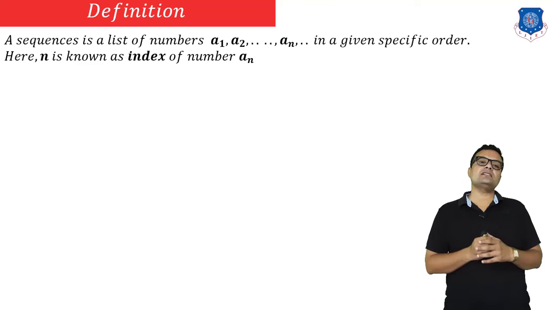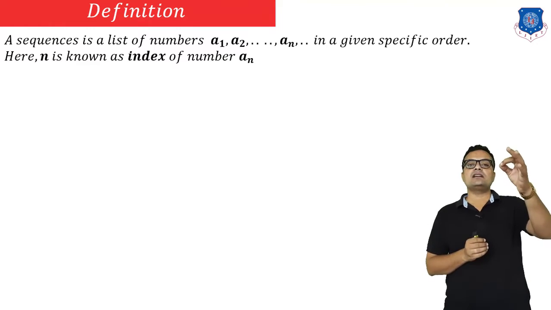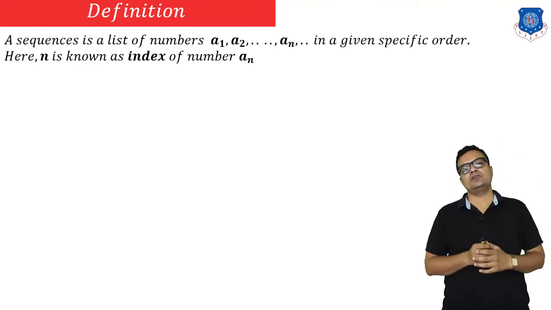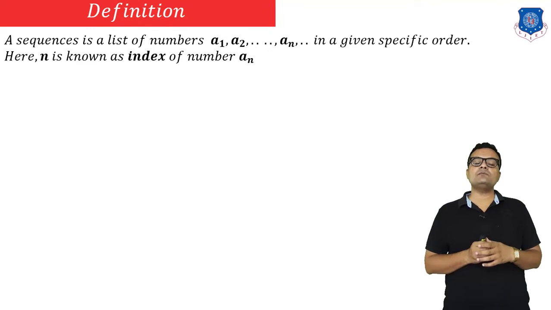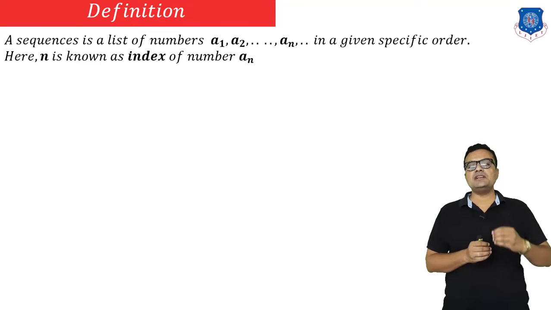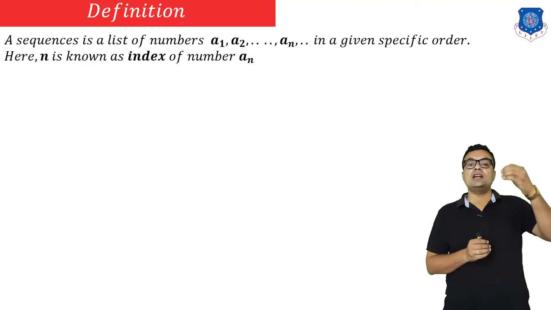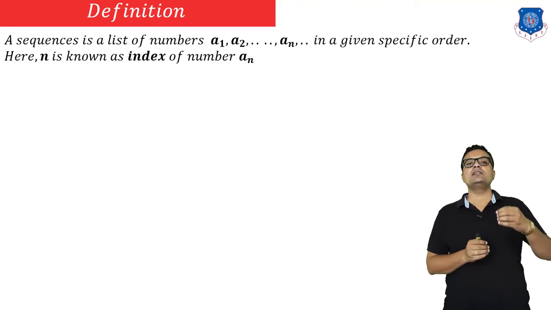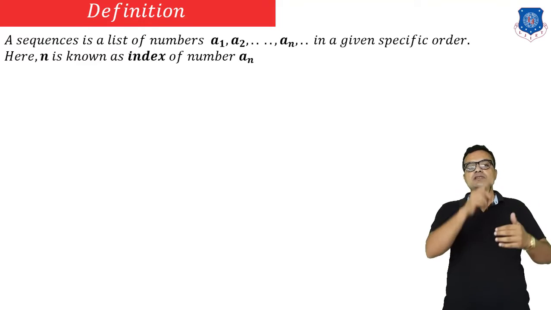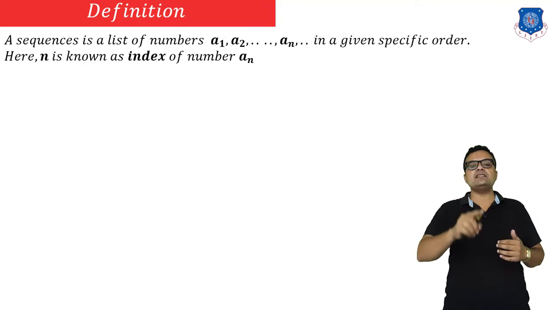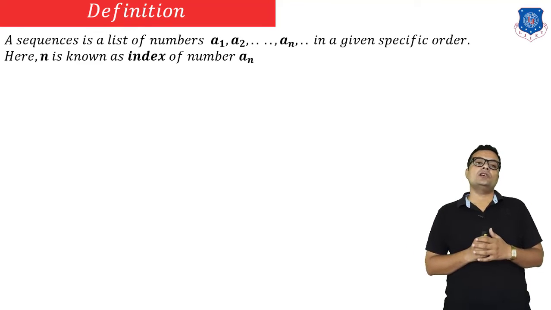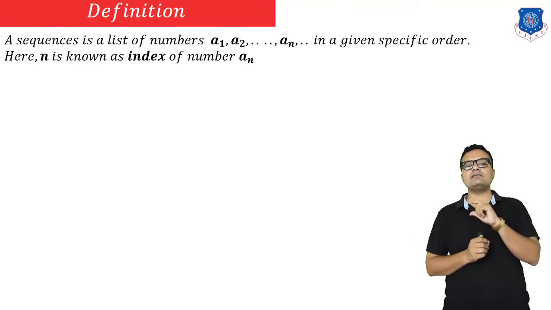Now suppose I consider a rubber ball at some particular height, say h, and if I leave it, then due to the bouncing property of this ball, after hitting the surface it will bounce back, and then again it will go to the floor, and then again it will bounce back. Throughout this process you will observe a decrease in height. Now if you consider all these different heights, you will find a pattern in that.